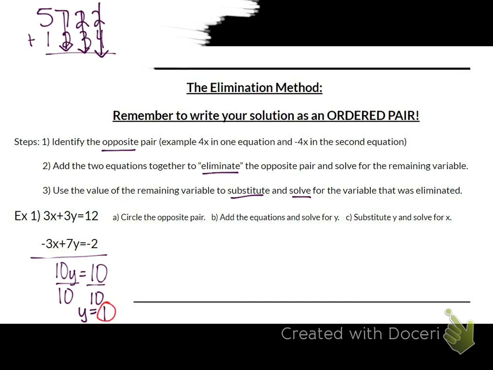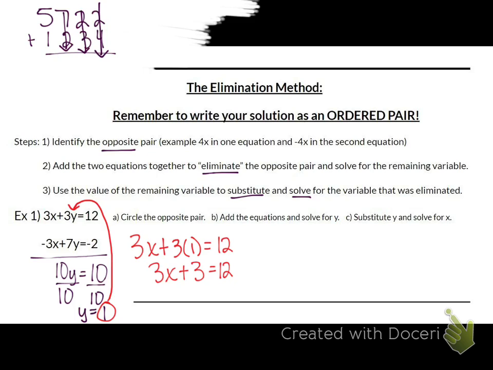So we're going to take y, we're going to plug it in to the top equation. So 3x plus 3 parentheses 1 equals 12. We're trying to get x alone now, so we should simplify by multiplying the 3 and the 1. 3 times 1 is 3.